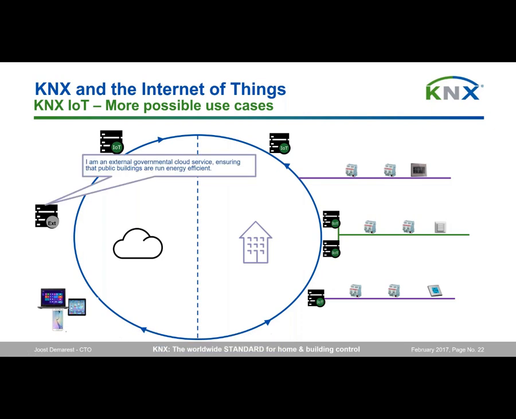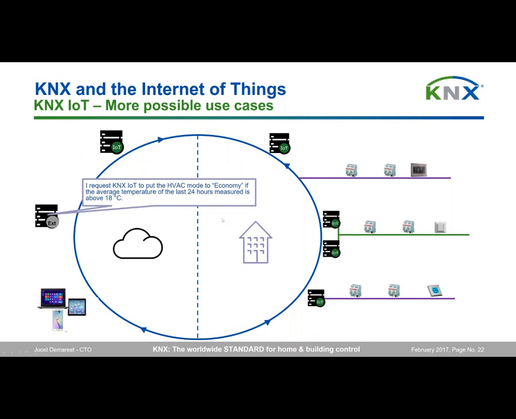Another possibility would be that I am a cloud server, an external governmental cloud service, ensuring that public buildings are run energy efficiently. I request KNX IoT to put the HVAC mode to economy if the average temperature of the last 24 hours measured is above 18 degrees.